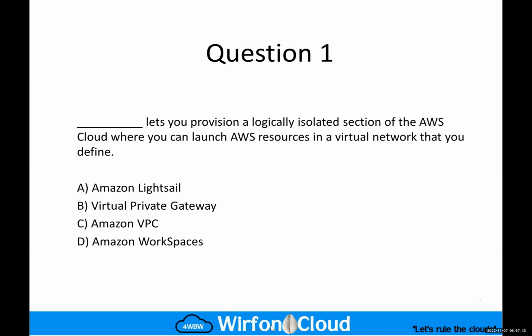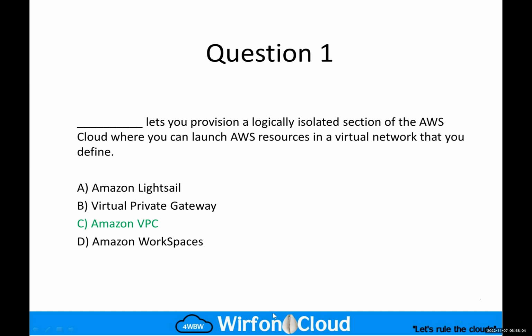I see a lot of people going for C. Thank you all for responding. The answer is C. As we've seen, we use a VPC to create logically isolated networks within the AWS cloud.